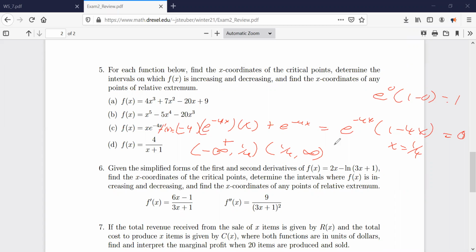If I plug in 1, then I get e to the -4 times 1 minus 4 times 1, which is equal to -3e to the -4. So this is decreasing. So increasing from -infinity to 1/4, and decreasing from 1/4 to infinity. Does that make sense to people?